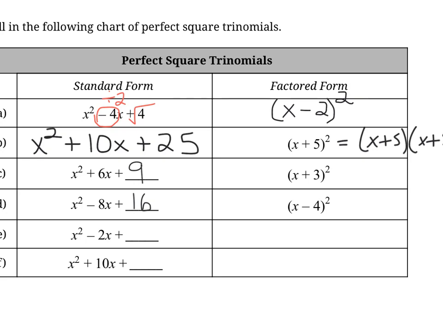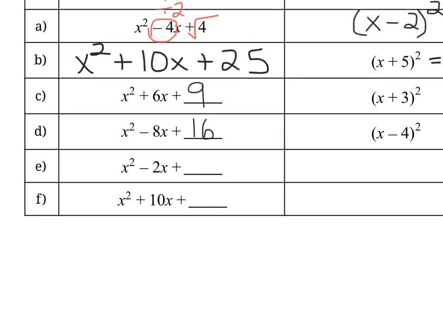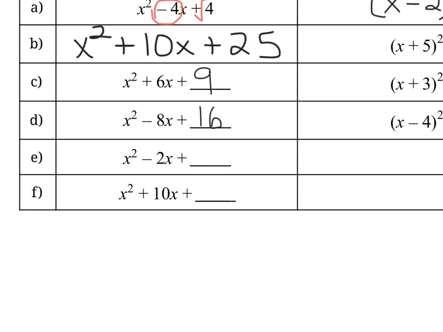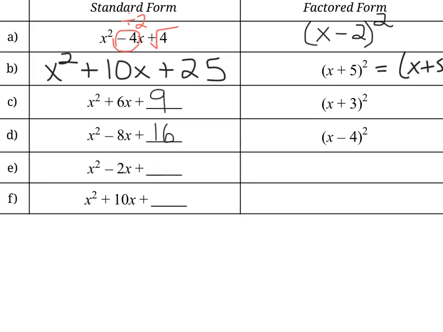All right, so let's try this example down here. So example E, they've given us half or the majority of the standard form equation. We need to figure out the missing c value, and we also need to figure out the equation that corresponds in factored form. So we have enough information to do this. So in my factored form space, I'm just going to go ahead and make an open bracket.